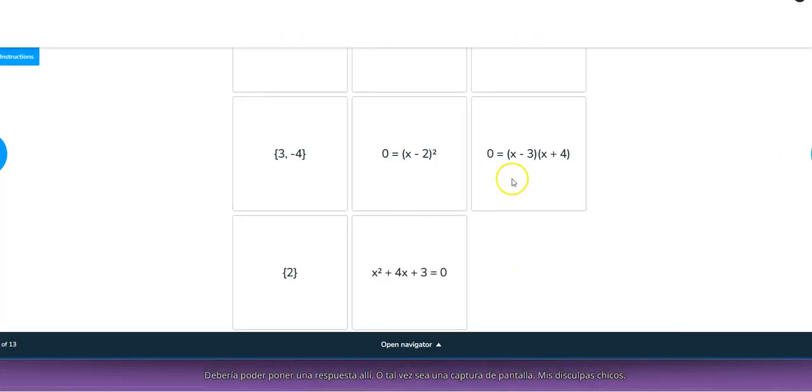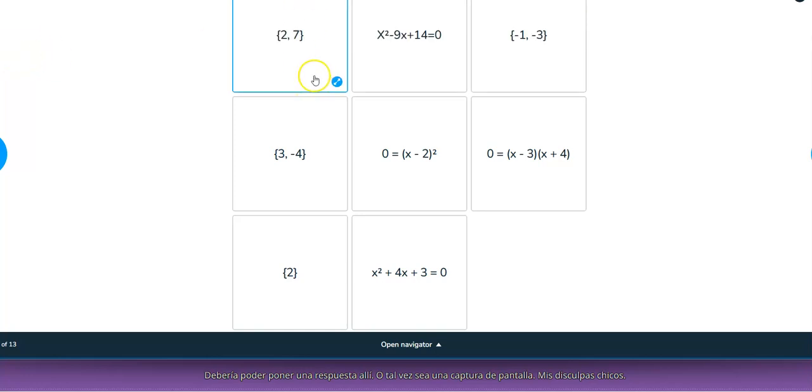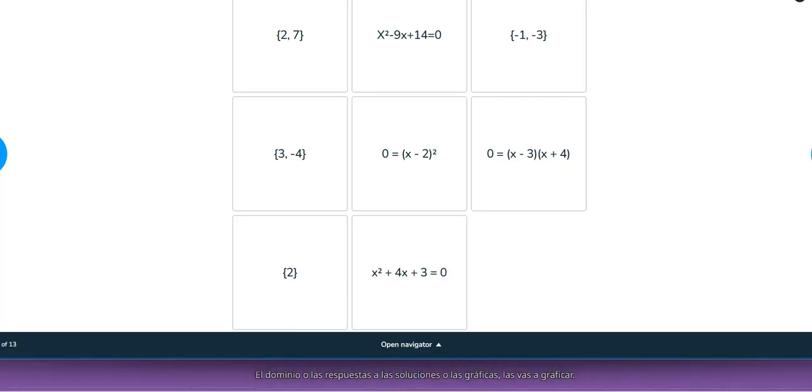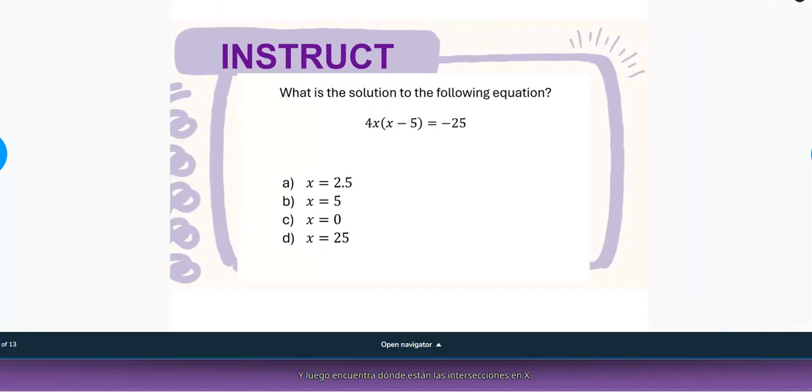In this one, you're going to match the domain or the answers to the solutions or the graph. So you're going to graph these and then find where the x-intercepts are. Find a solution.